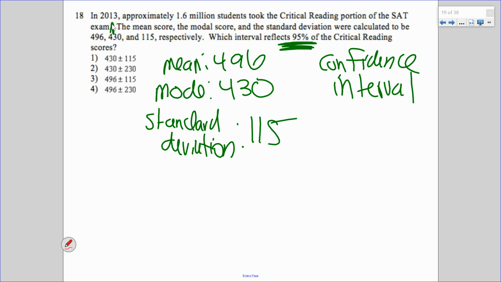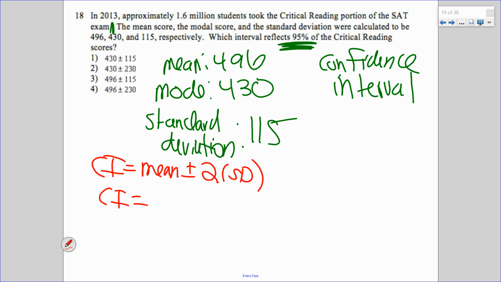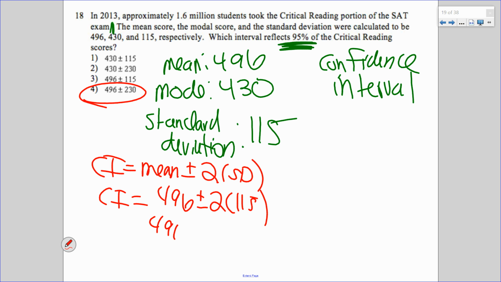The confidence interval is the mean plus or minus 2 times the standard deviation. The mean is 496 plus or minus 2 times 115. The answer is choice 4 because I can multiply.